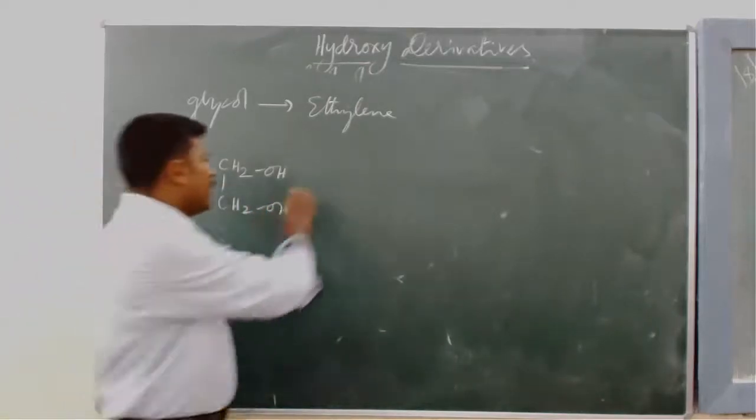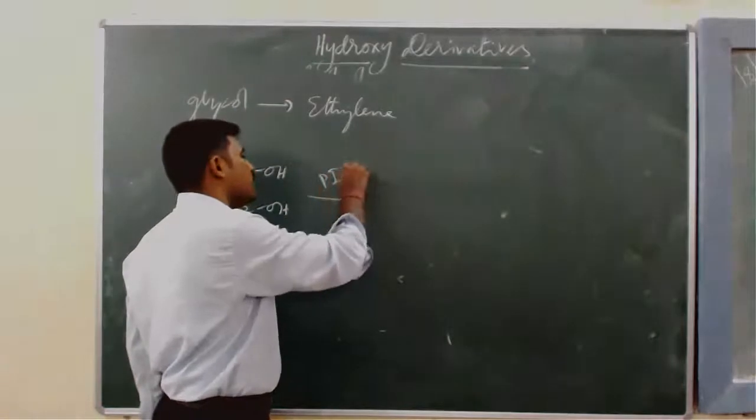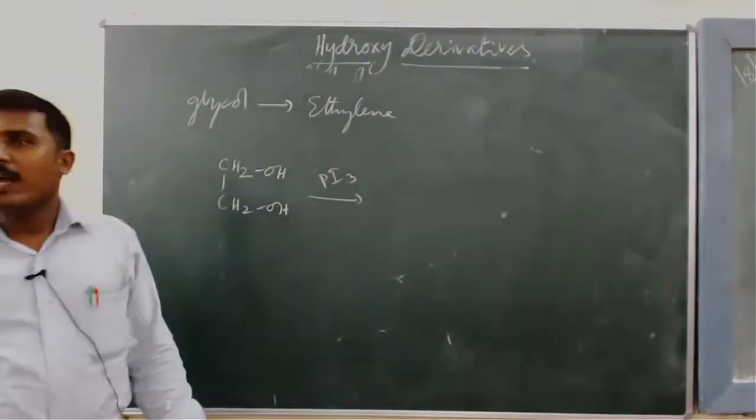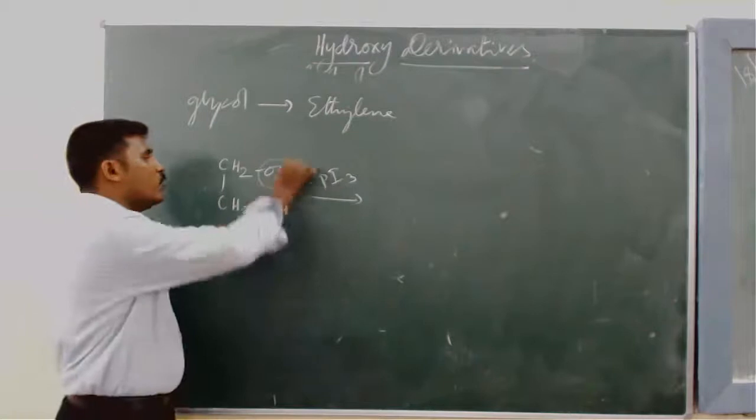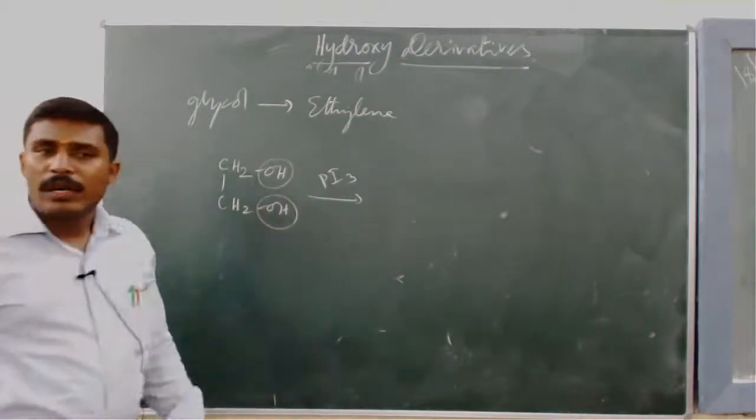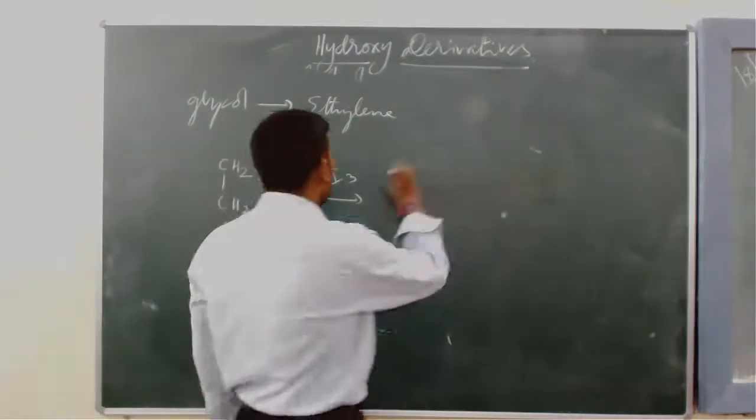This ethylene glycol reacts with PI3, phosphorus triiodide. Now these two OH groups are converted into iodide.